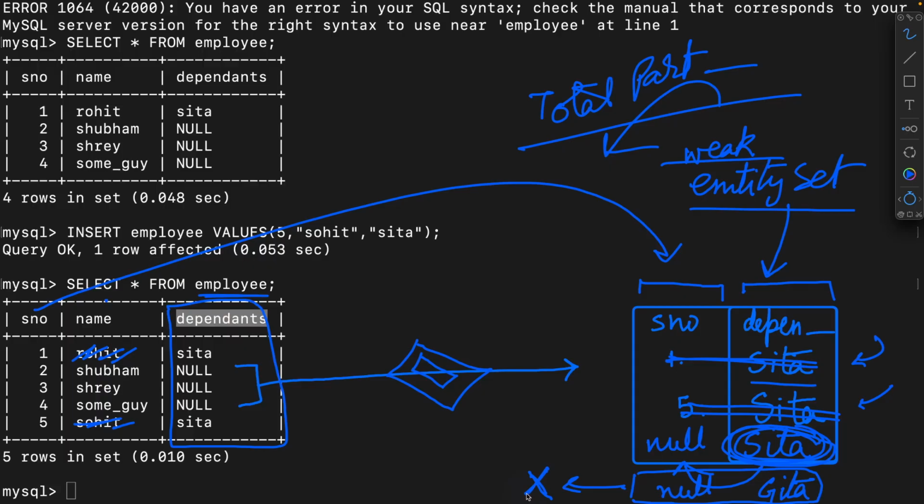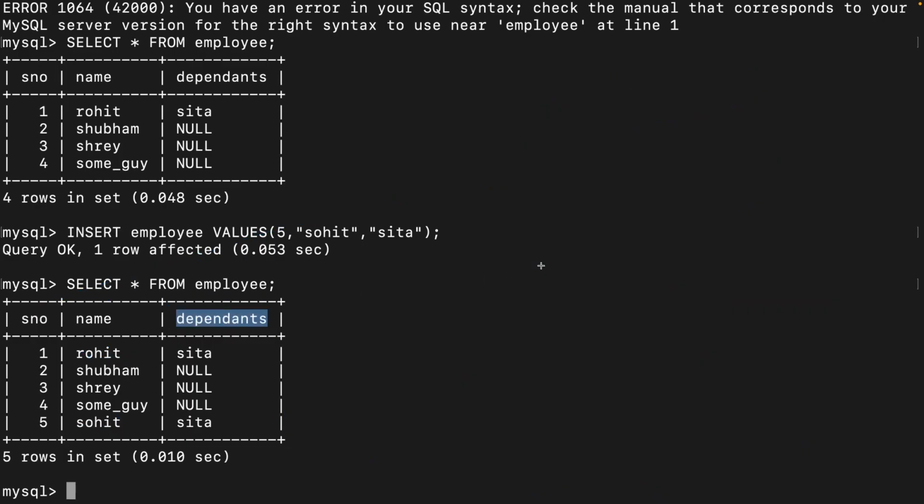Hence, from the point of view of your weak entity set, total participation is present. Why? Because its entry's existence is in an existential dependency to your strong entity set, through which you are related through an identifying relationship. This fundamental concept, I'm just expressing it to you in a revisionary kind of manner, right? So that is the whole thing.